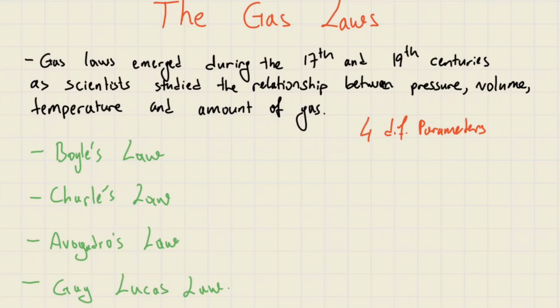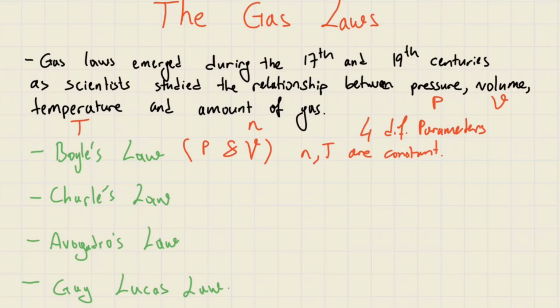The first one, Boyle's law, is just related with the pressure and volume. So we have 4 different parameters, as I mentioned: pressure, volume, temperature, and the amount of gas. So if there are 2 parameters, then N and T are constant.